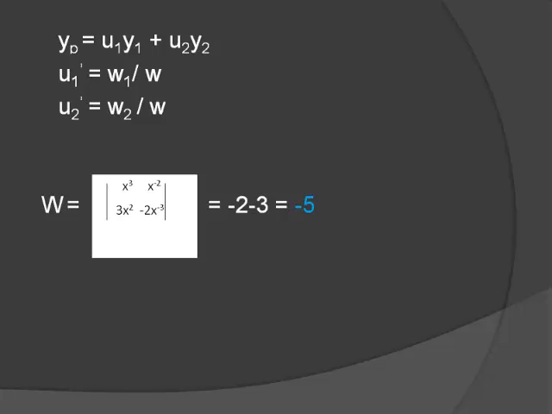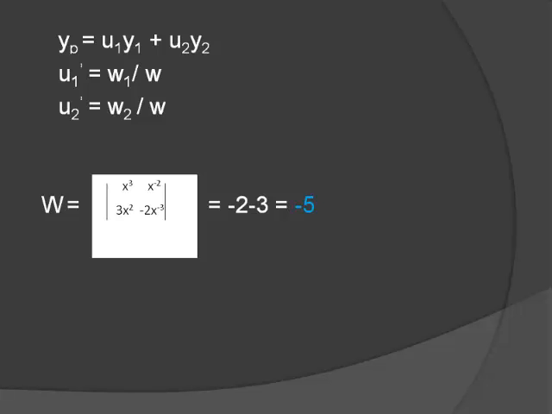So x to the 3 times negative 2 x to the negative 3, we can get negative 2 minus x to the negative 2 times 3 x squared, we can get 3. So negative 2 minus 3, we have negative 5.